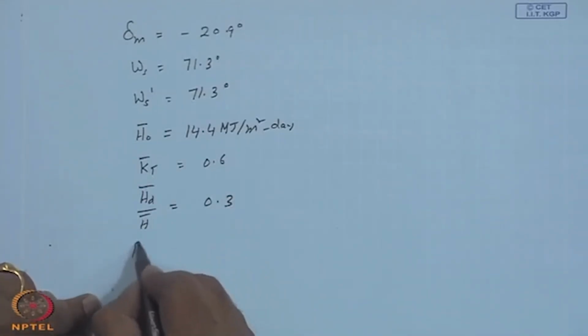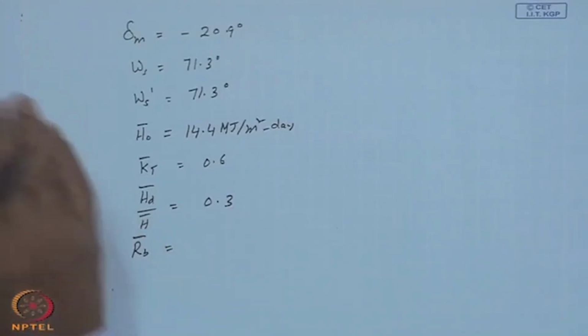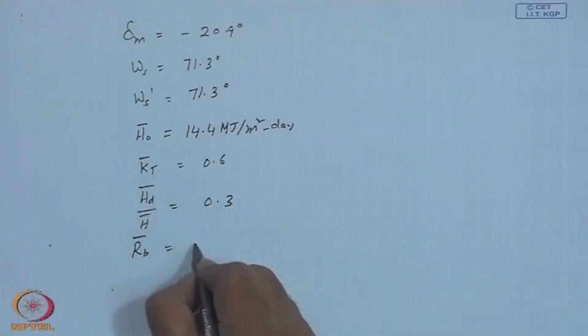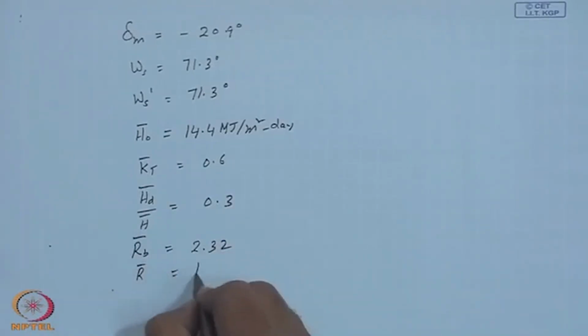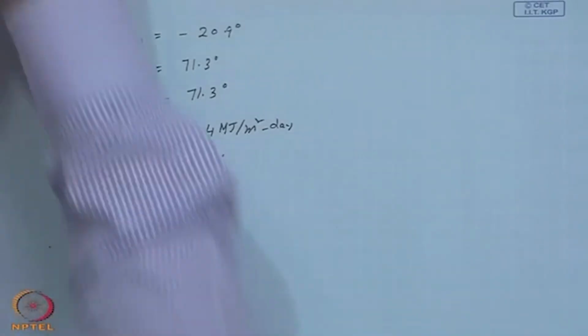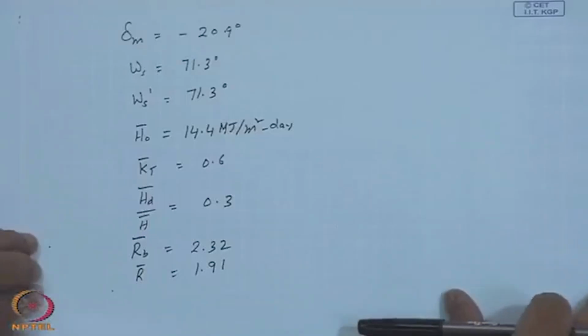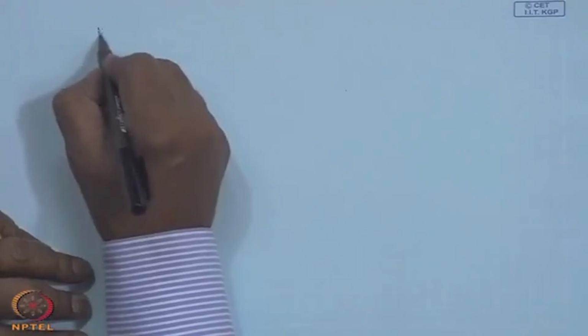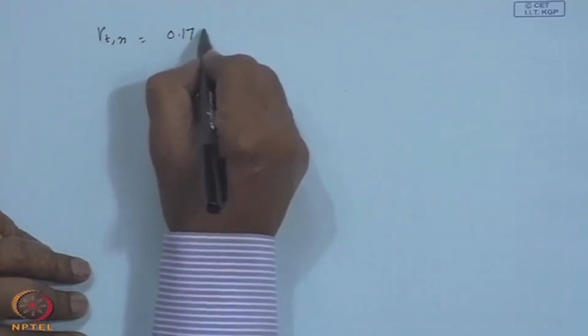Then we got RB bar 2.32, I remember, and R bar 1.91. Right, all these calculations we have done in detail, and from this we proceeded to calculate RTN, which is 0.178.